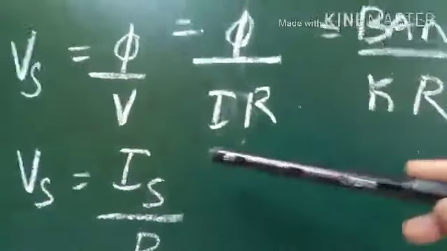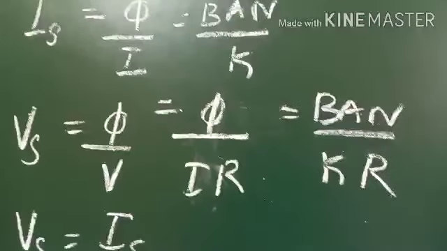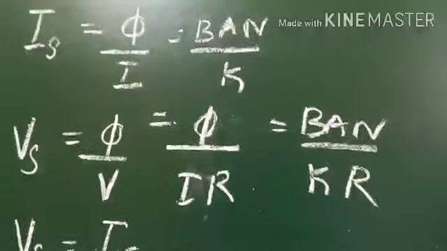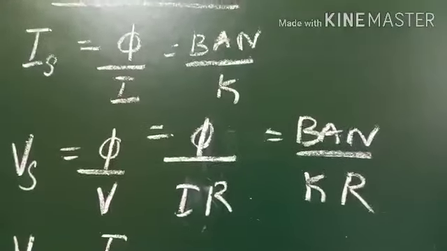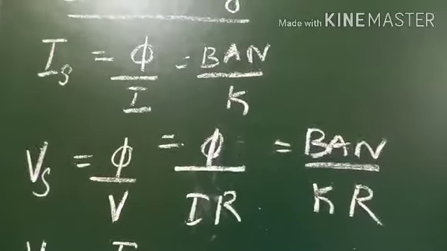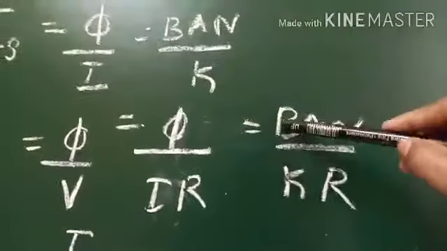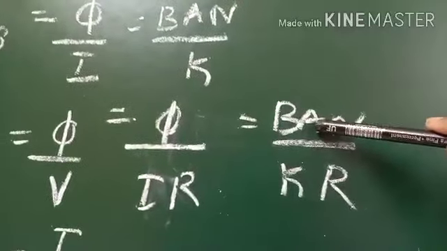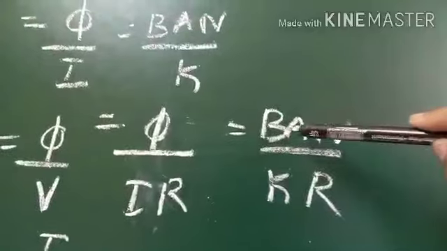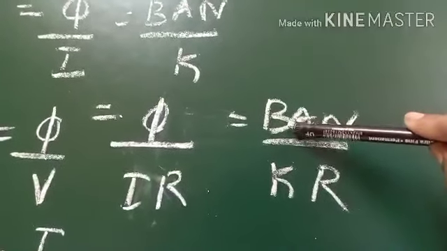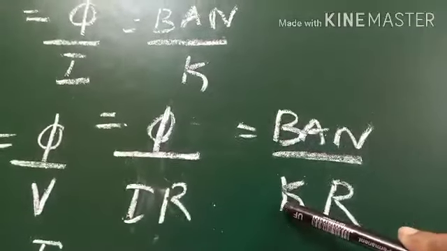From this expression we know that the sensitivity of the moving coil galvanometer depends on N, B, the area, and the value of K. So we can increase the sensitivity by increasing the number of turns of the coil, by increasing the strength of the magnetic field, by increasing the area of the coil, and by decreasing the value of the torsion constant.